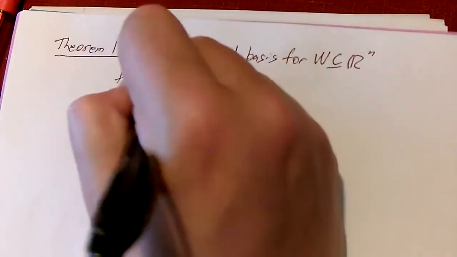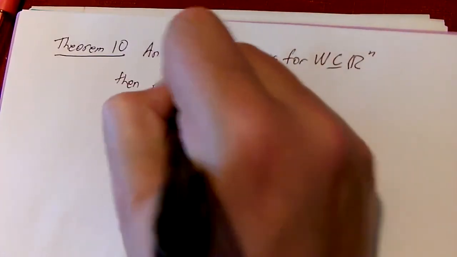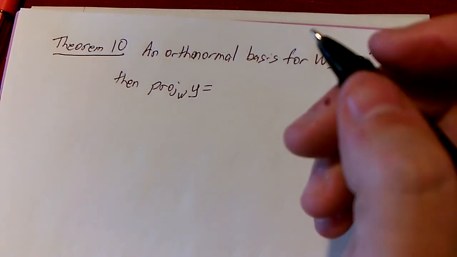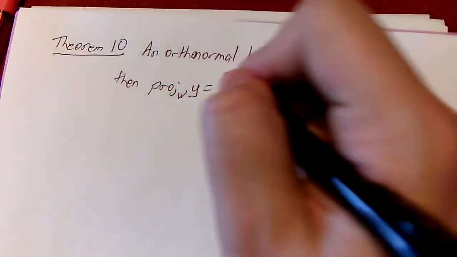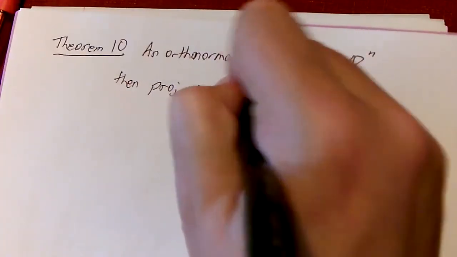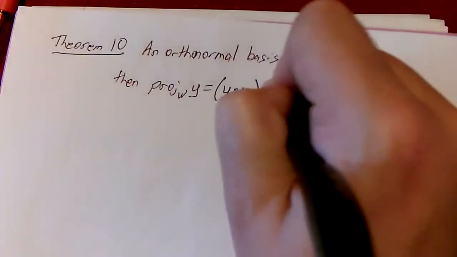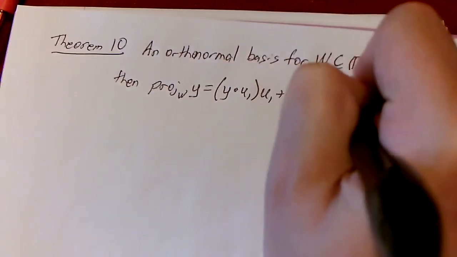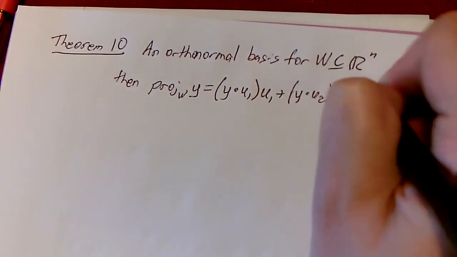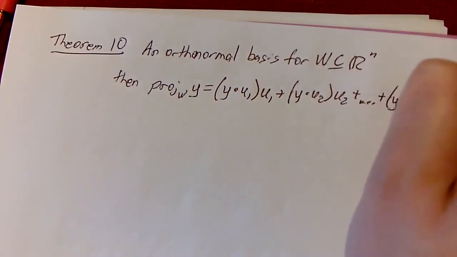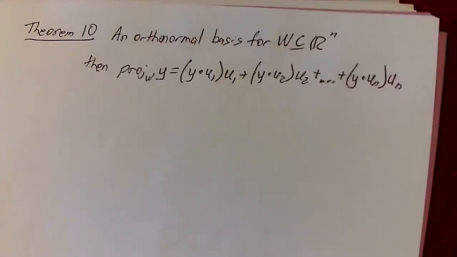Then I know that the projection of y onto W is equal to y dot U1 times U1 plus y dot U2 times U2, and so forth, all the way out to y dot UN. Now, you might be thinking, wait, we left off part of the projection.